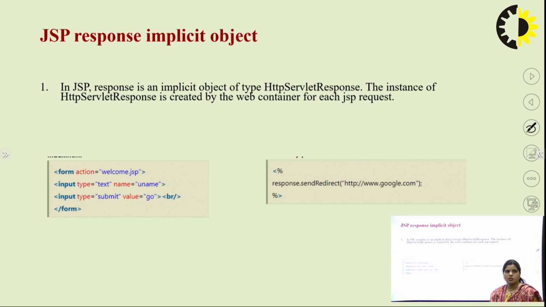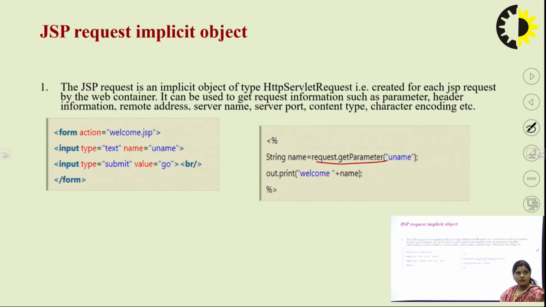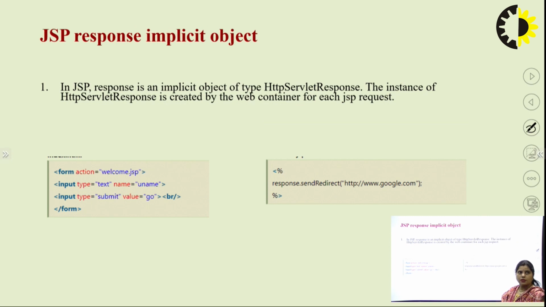Then the next one is the response implicit object. Basically it is an object of type HttpServletResponse, whereas the request implicit object is of type HttpServletRequest. Whenever an HttpServletResponse is needed, its instance is created by the web container for each and every JSP request.